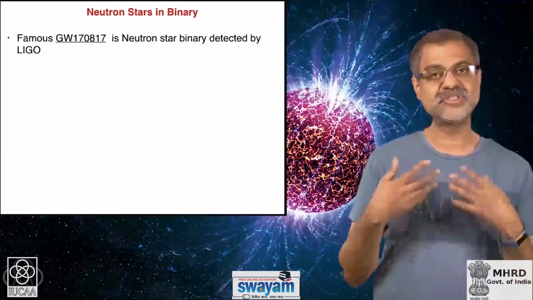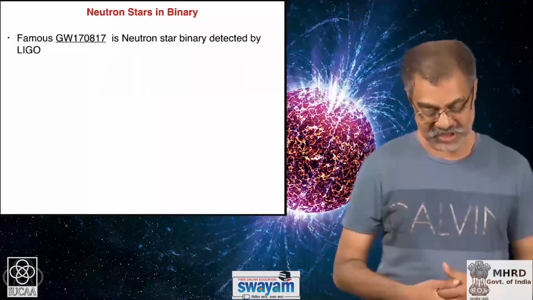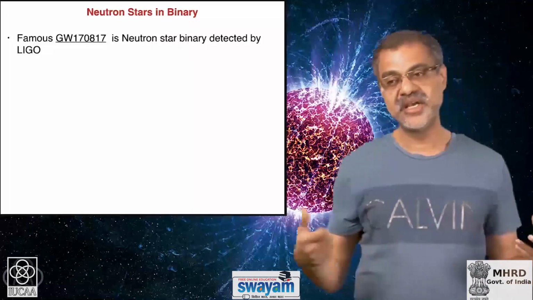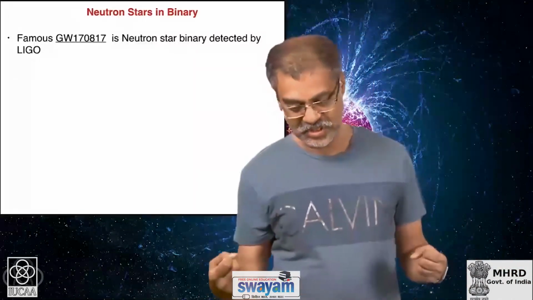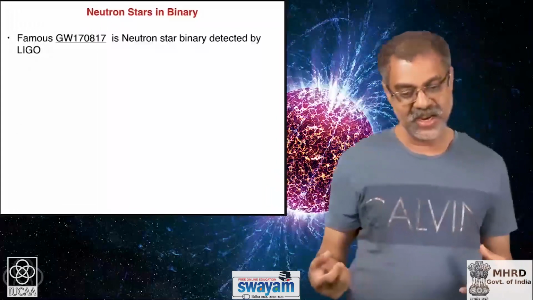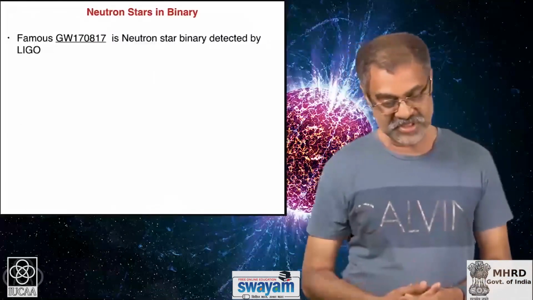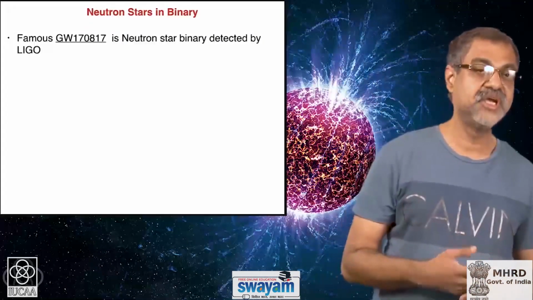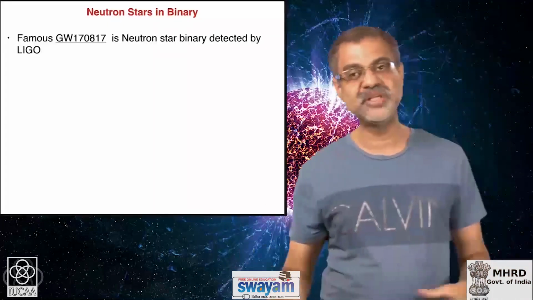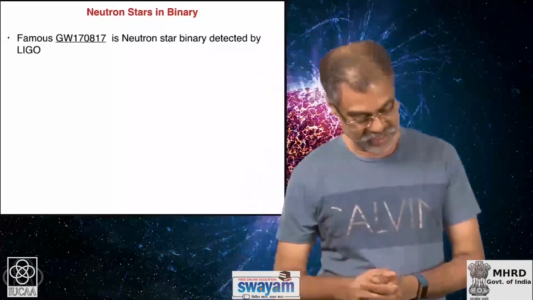So, that is what happens when two neutron stars merge. They also go through this inspiral phase, merger phase and ring down phase. The resulting object may or may not be a black hole, that depends on their mass and equation of state.